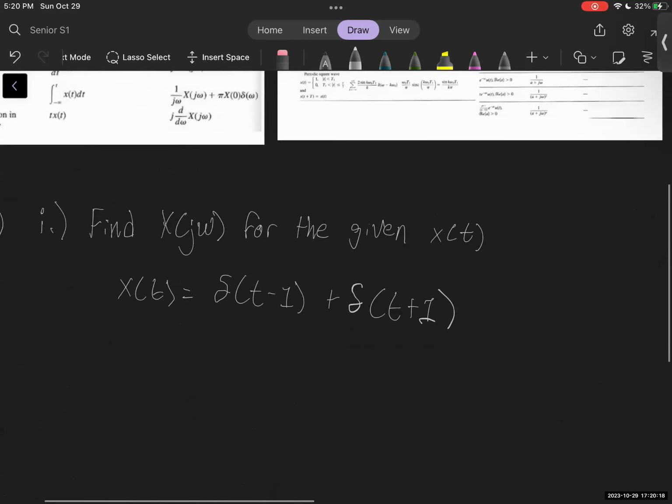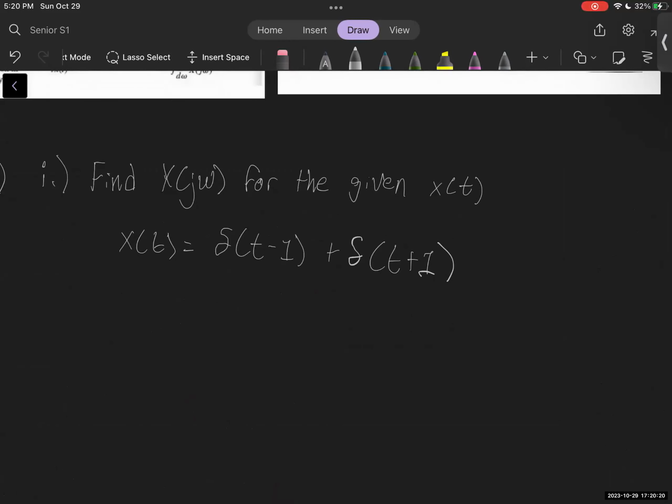So we know our expression is shifted delta functions. And we know if we have a signal that's just a delta function, our transform is just going to be equal to 1.